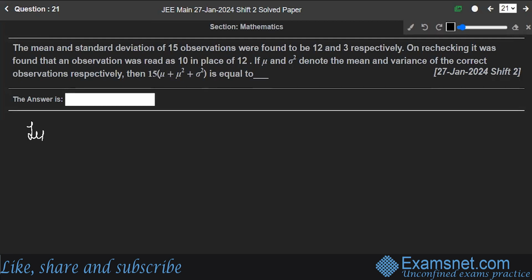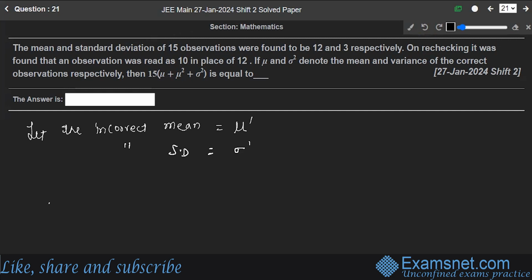Okay, let's go. First thing, let the incorrect mean be mu dash. It's given that mu and sigma square denote the mean and variance of the correct observations, so I'll take the incorrect mean as mu dash and the incorrect standard deviation as sigma dash.